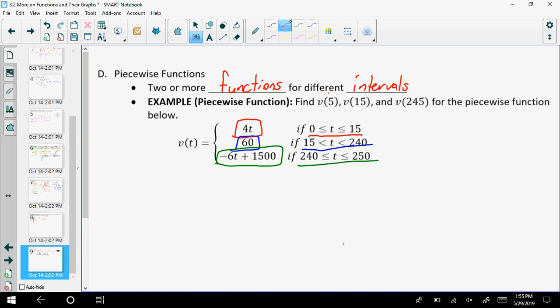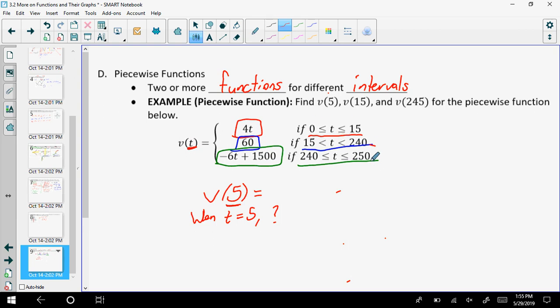So the first thing it wants me to find is v of 5. So remember this function notation, this 5 is sitting in place of t. So this is basically saying when t equals 5, what do we get out? So I want to plug 5 in. The question is, which of these three functions would I plug 5 into?